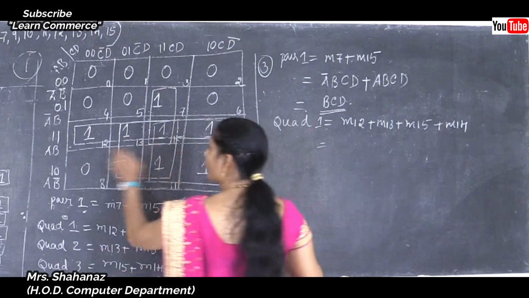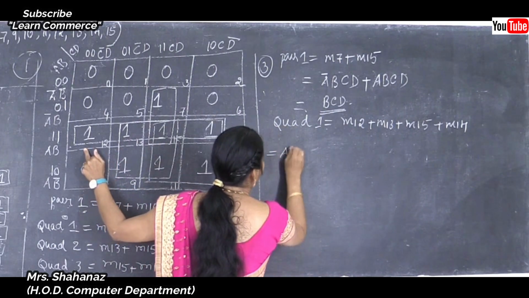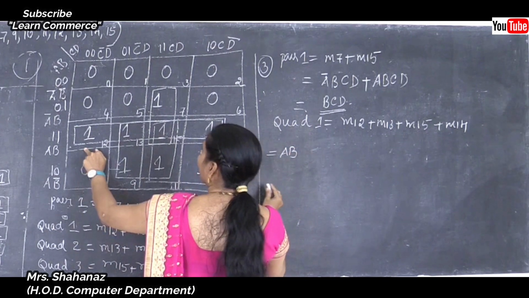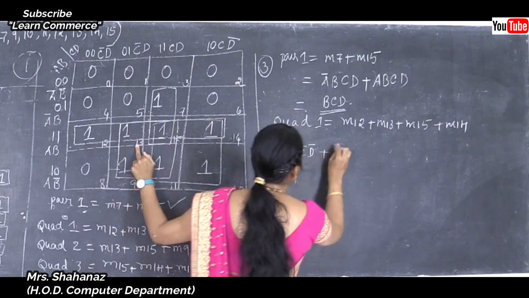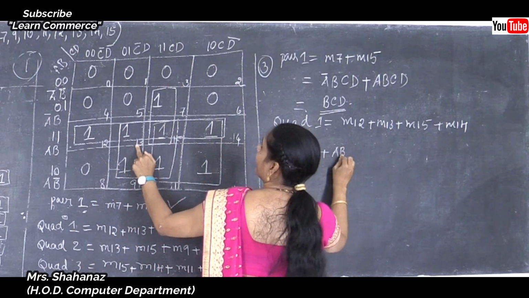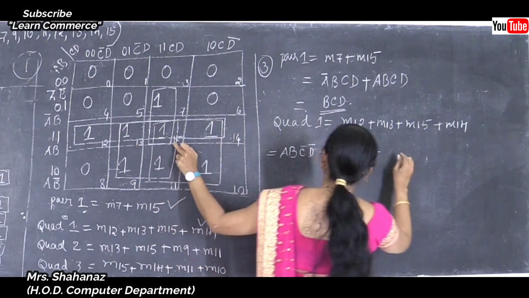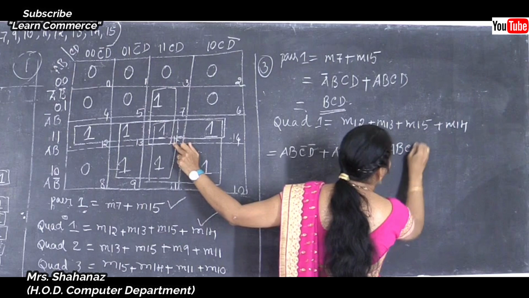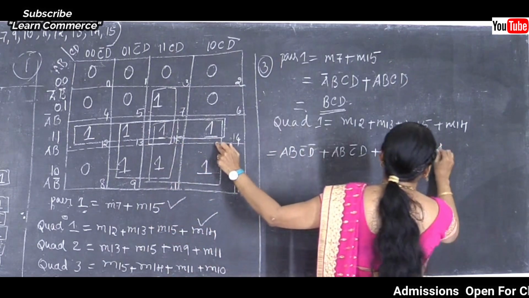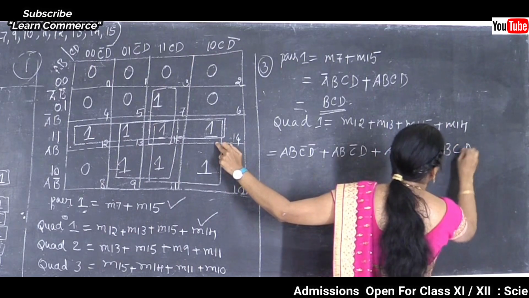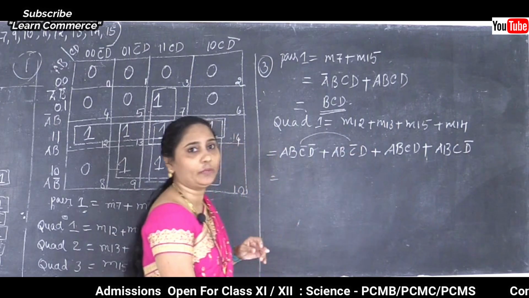Okay, M12, the value is A, B, and next one complement C, complement D. Now 13 value, that is A, B, and next one complement C, D, plus 15 value, that is very simple, there is no complementation, directly we can write, and next one the 14 value, that is A, B, C, complement D.